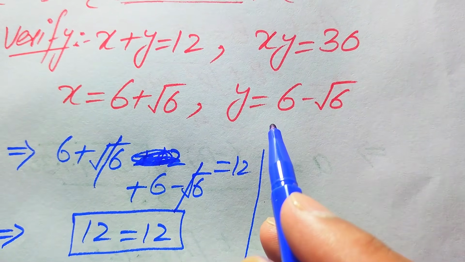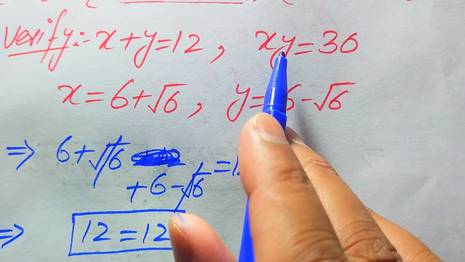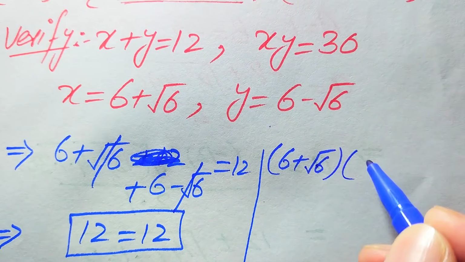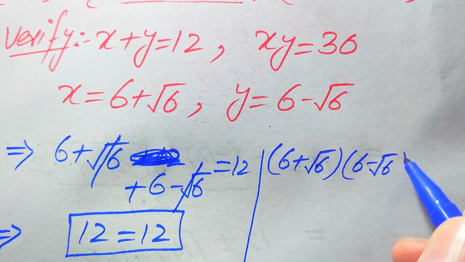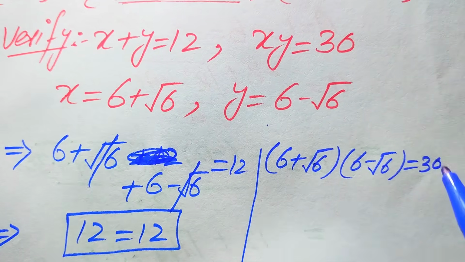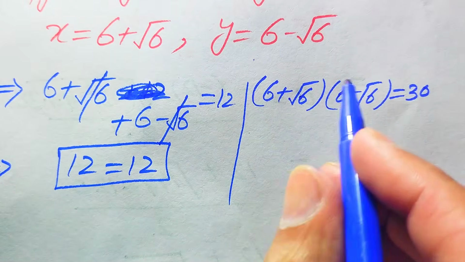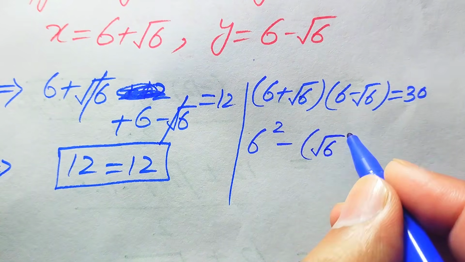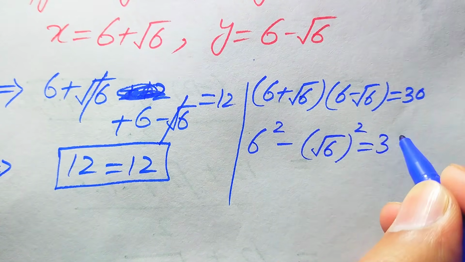In the same pattern we verify the second equation. We put both of these values here, and it becomes 6 plus square root of 6 times 6 minus square root of 6 equals 30. This is (a plus b)(a minus b), which becomes 6 squared minus the square of square root of 6, equals 30.